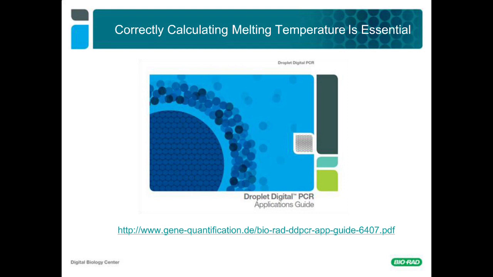It will also be helpful to take your existing qPCR assays and see what the TM is calculated with these settings. At the bottom of the slide, I have the URL listed for the Droplet Digital PCR Applications Guide.